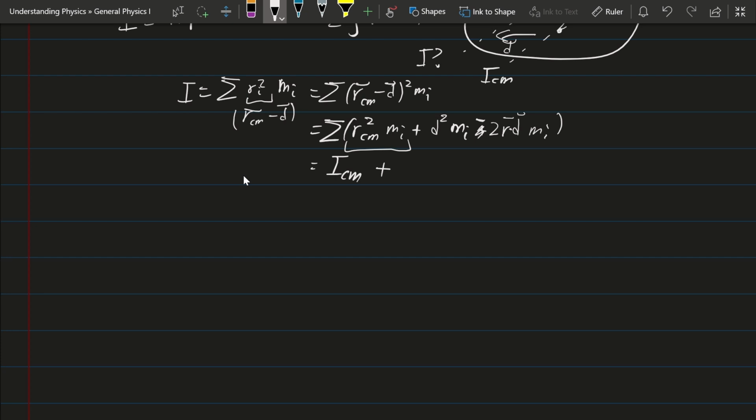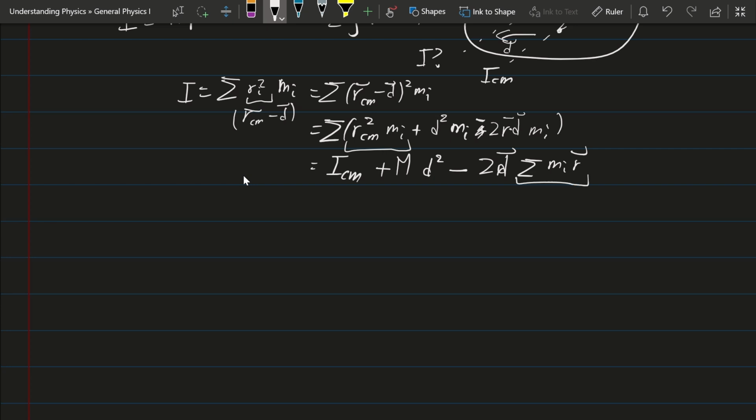Only the m_i is the one that we need to sum because d squared won't be changing. So we could take out the d squared, and then the sum of the small m's will be the total mass, which we will call the big M. And the last part is minus 2 d vector multiplied by the sum of m_i r vector. Well, notice this.